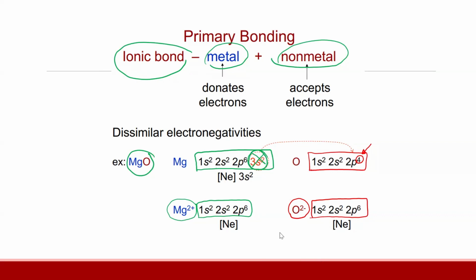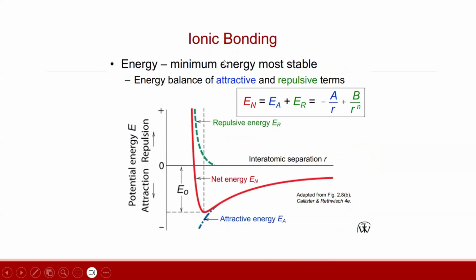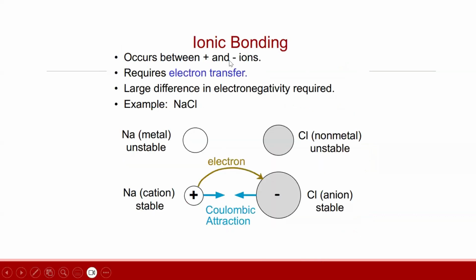Okay, so we know about ionic bonds. They occur between positive and negative ions. We already discussed it, and it requires electron transfer. So it is transferring electrons. If we have a large difference in electronegativity, meaning one end and the other end of the periodic table, then it is much easier to form ionic bonds, like sodium chloride.